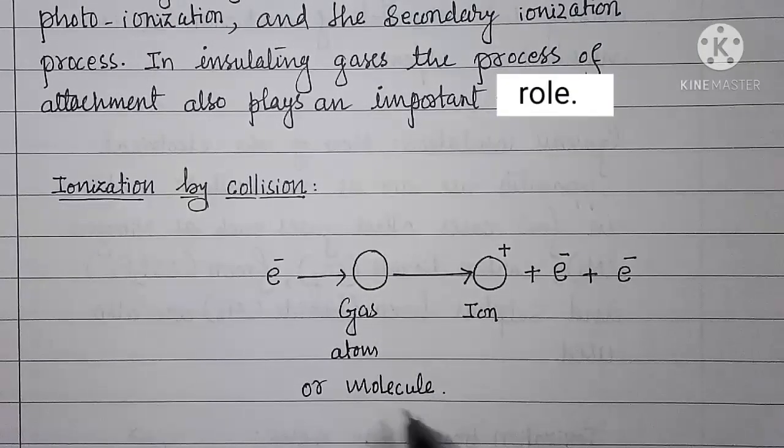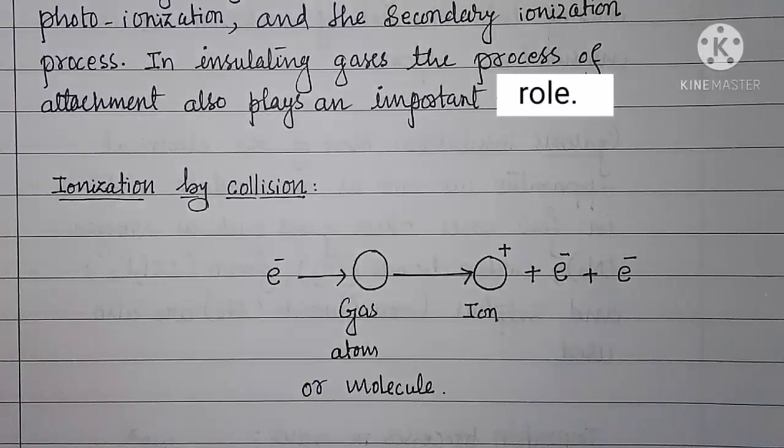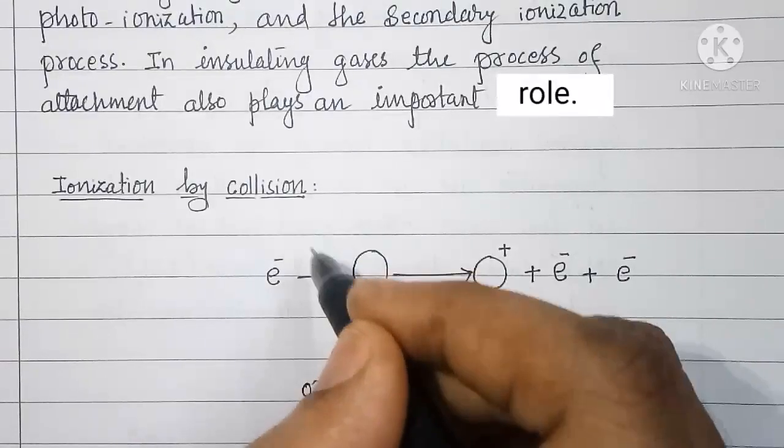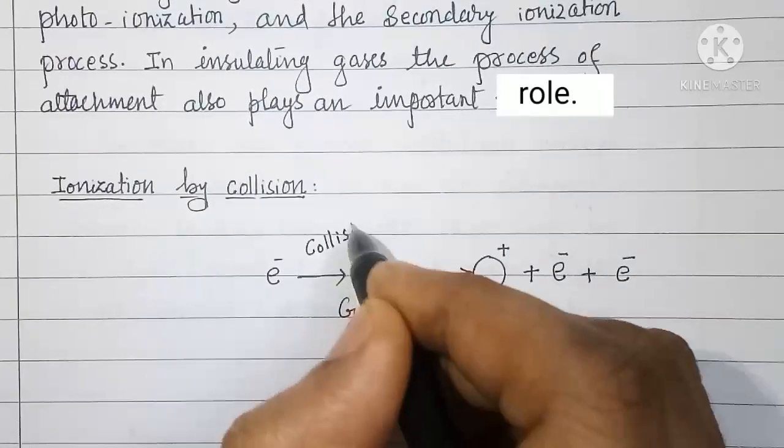Now the gas atom or molecule, after losing an electron, has become an ion, and that is a positive ion. So here collision is taking place.